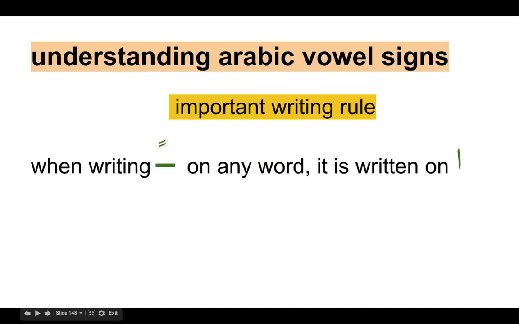Another important writing rule which we have to learn from this lesson is when you write double fatha, a sign of indefinite, on any word, it is not written normally upon the letter, it is written on an alif.